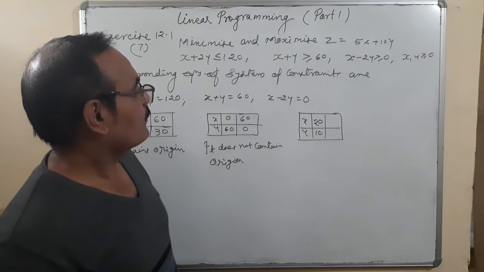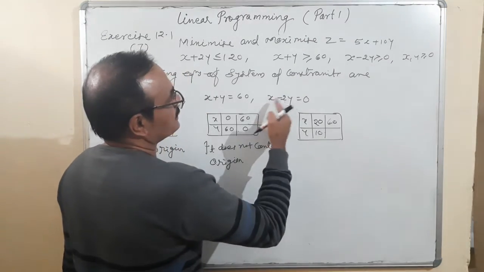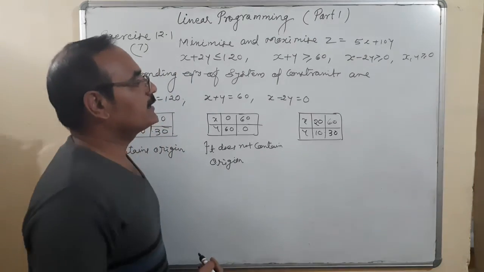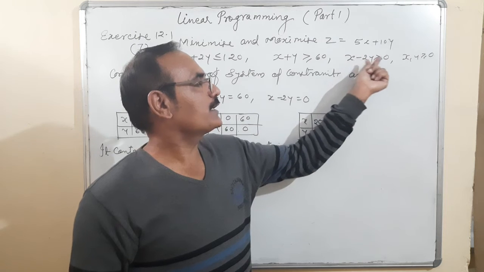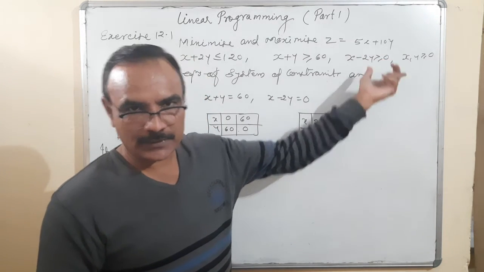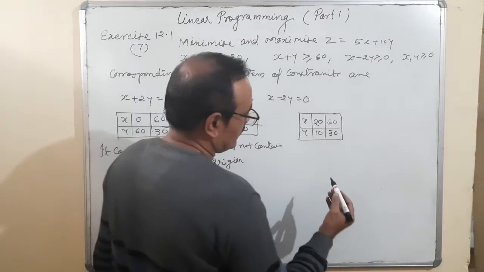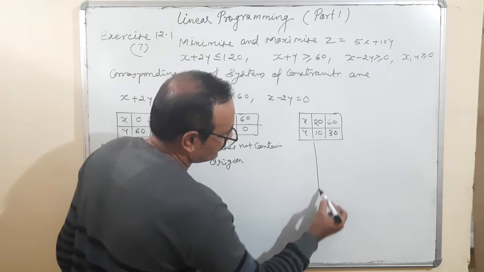Okay, when I put x is equal to 60, 60 is equal to 2y, then y is equal to 30. Okay, does it contain origin? When I put 0, 0, so 0 is greater or equal to 0. Here we are unable to decide it. Okay, so we have another way. Just let us see, we have another way for that graph.